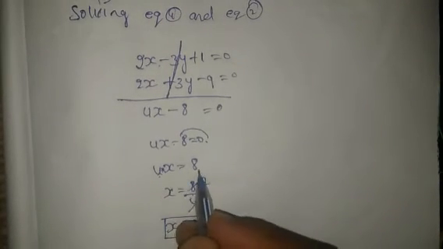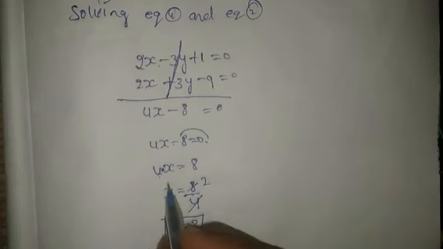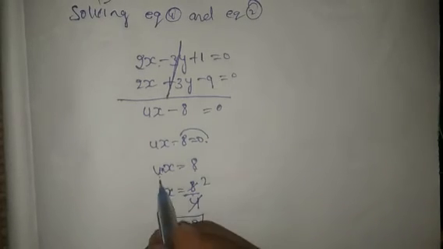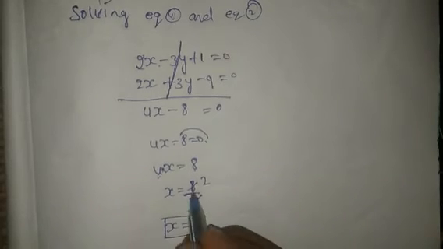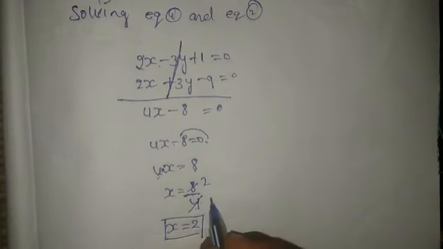4x equals 8, so x equals 8 by 4, that is 4 ones are 4, 4 twos are 8. So it is 2 by 1, that means x equals 2.